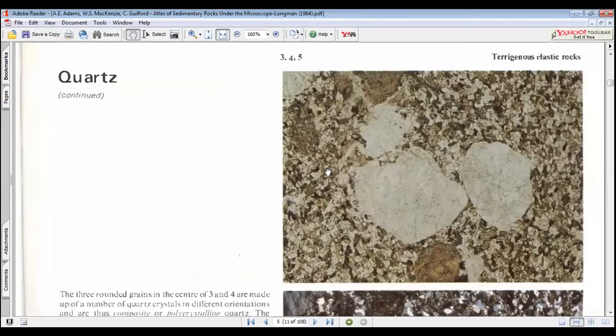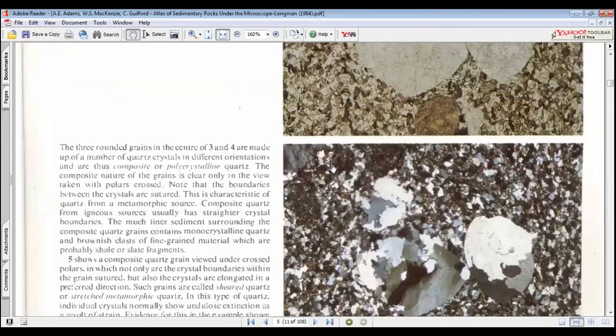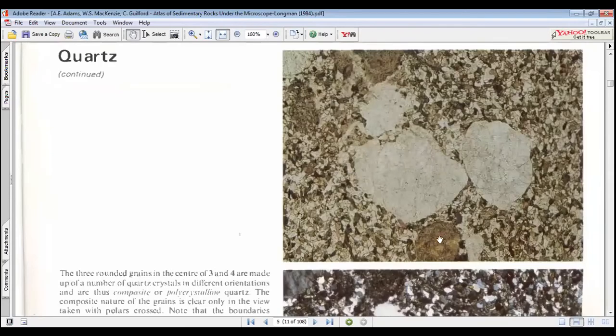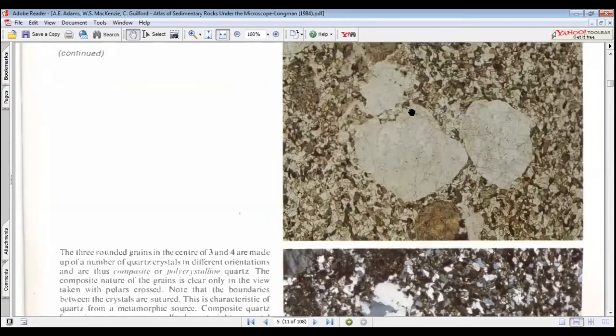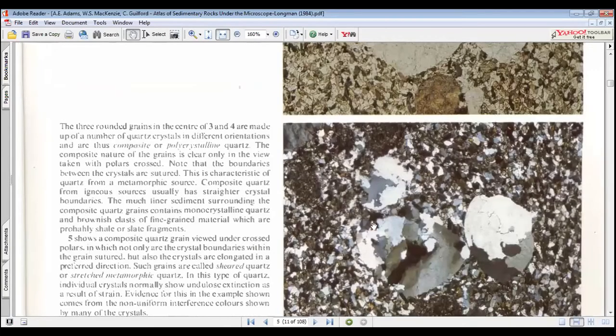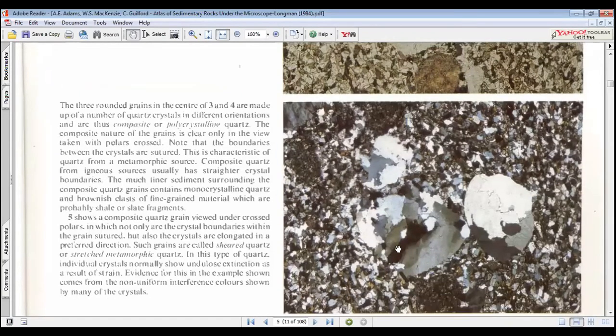Let's continue with the quartz. In this example, again, this is a PPL view and this is a cross polarized view. In this particular crystal, that seems to be one crystal in the PPL view. However, in cross polarized view, it seems to be made up of more than one crystal. And this type of quartz is called polycrystalline quartz.